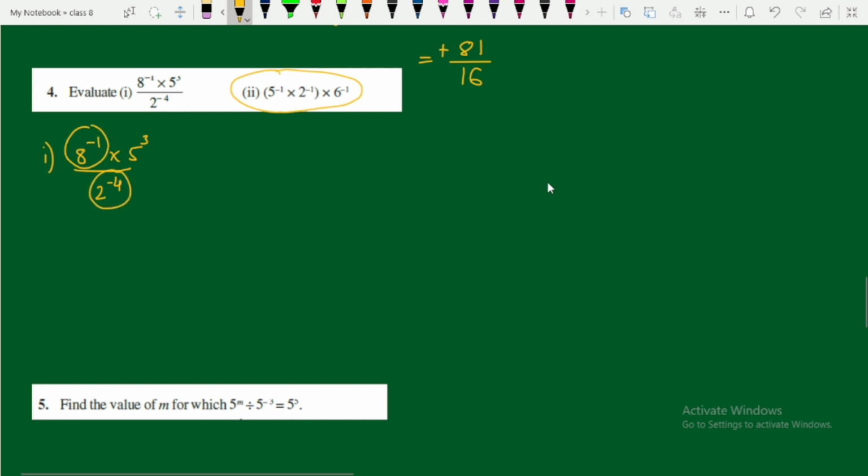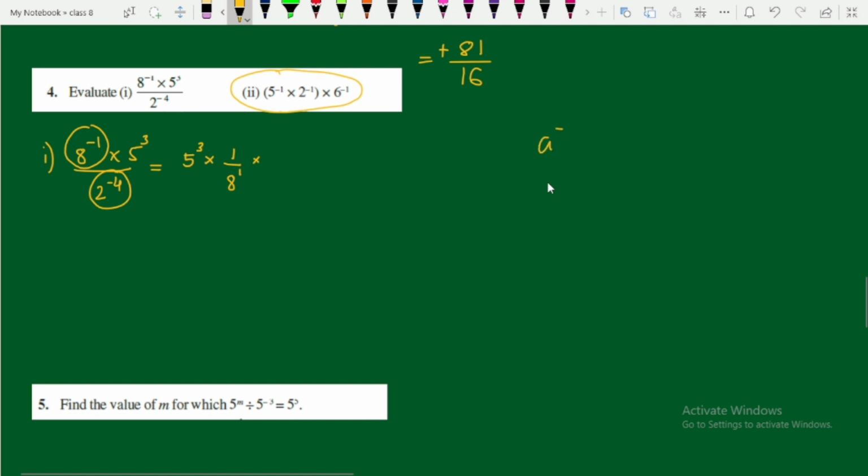The other number, 5 raised to 3, you write as it is. 8 raised to minus 1 we can write as 1 upon 8. Reciprocal the base, and the power becomes 1. And 2 raised to minus 4, again we have to take the reciprocal.